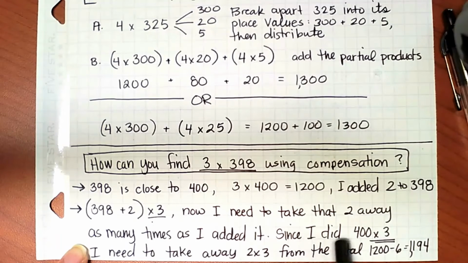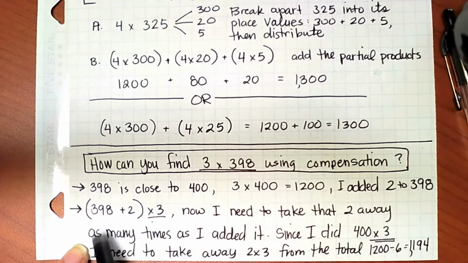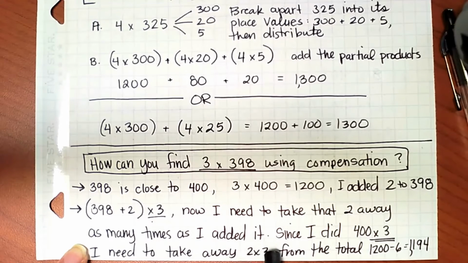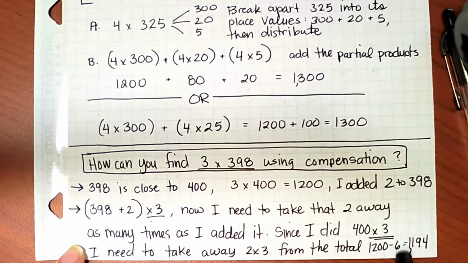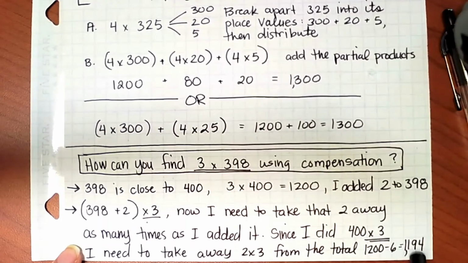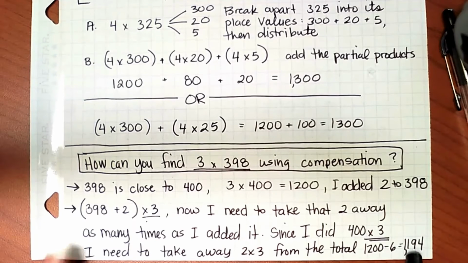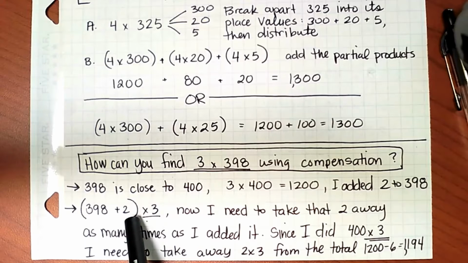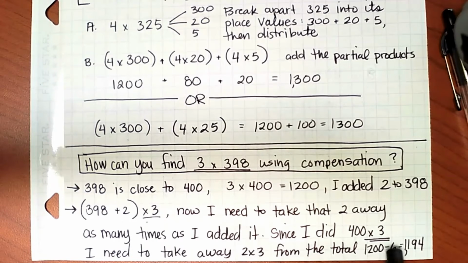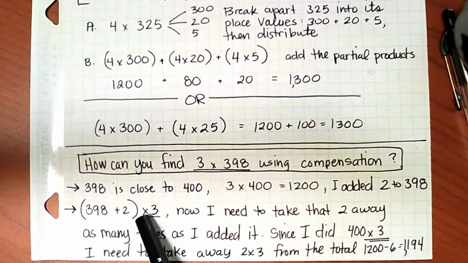So since I did 400 times 3, I need to take that extra 2 times 3 away to find my actual answer. So it would be 1200 minus 6. So 2 times 3 was 6, leaves me with 1194. That would have been my actual answer. Since I added 2 extra in, I had to take those 2 extra 3 times. So I added those 2 extra in 3 times, so that's 6.